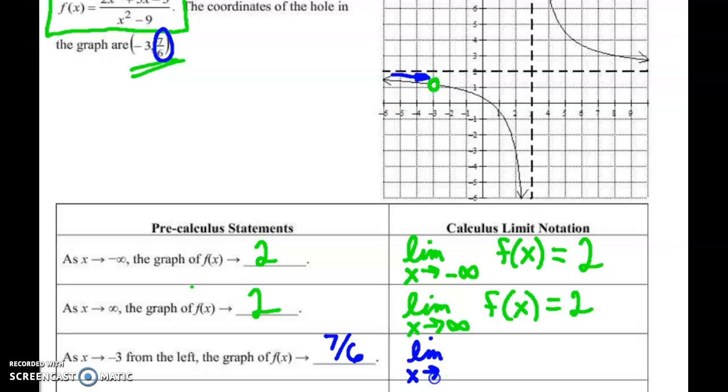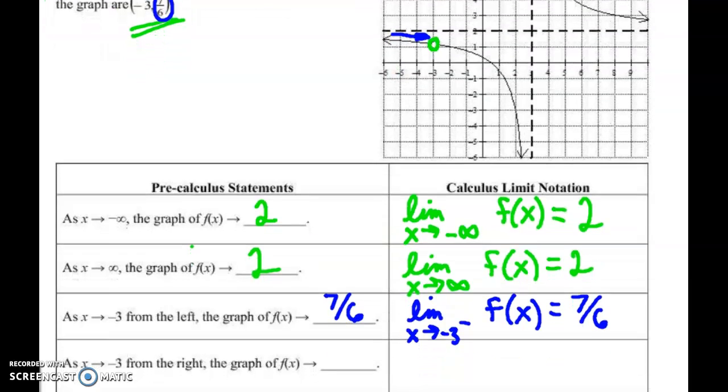The limit as x approaches negative 3, then we put this little negative sign, which universally means from the left, the left side of negative 3, of the function is equal to 7/6. I hope you're agreeing that this is less writing than the pre-calculus way.